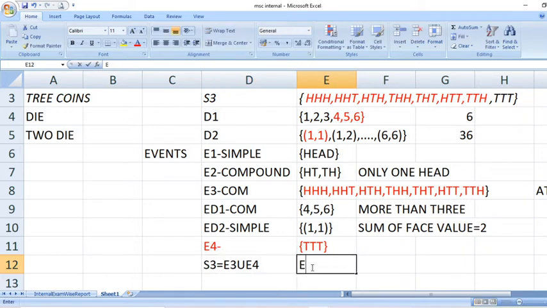So then E3 and E4 are called mutually exclusive events.